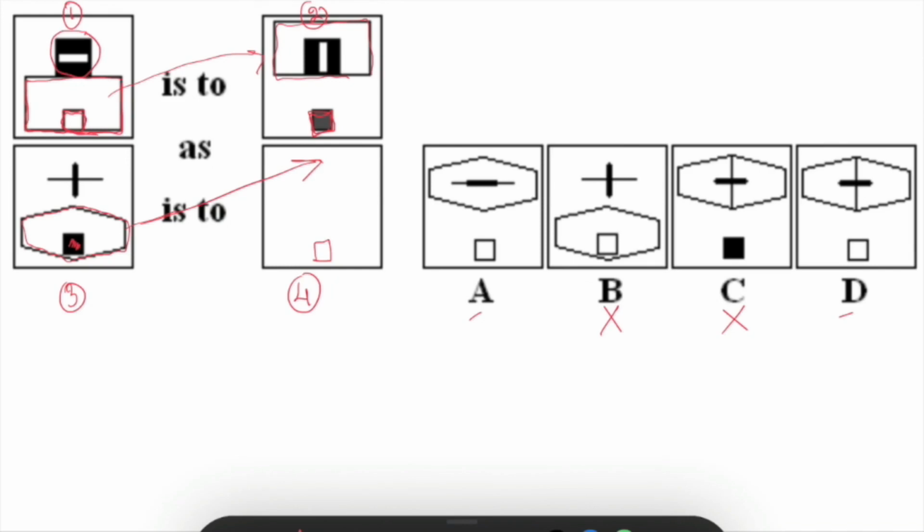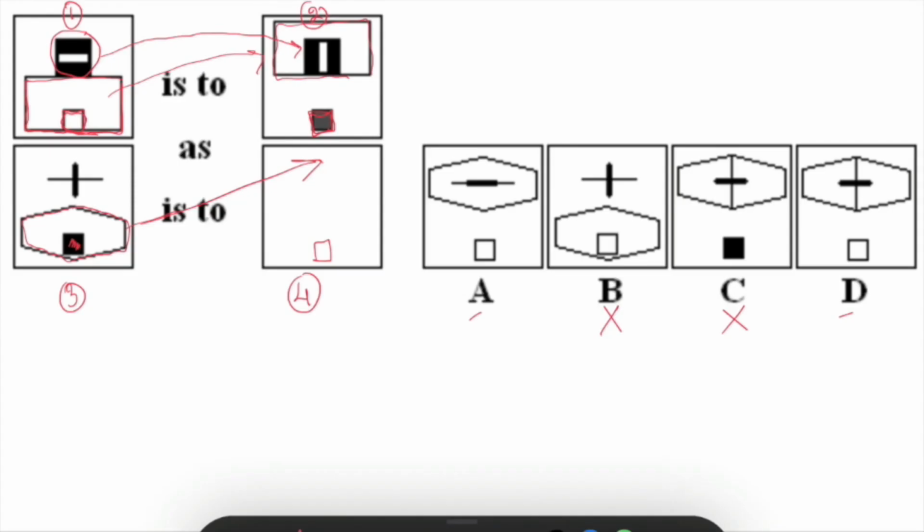So we can figure out that the relation between this shape in patterns 1 and 2 is that obviously they moved either clockwise or anti-clockwise, but they moved in a way that changed the dash from horizontal position to vertical position. So let me see if A can achieve this or D can achieve this.